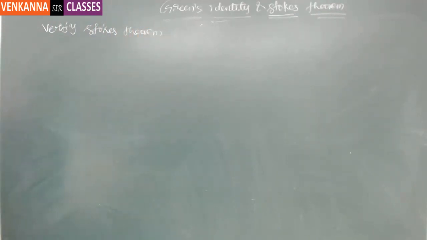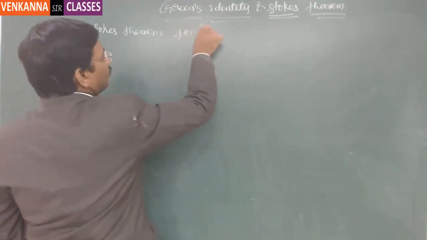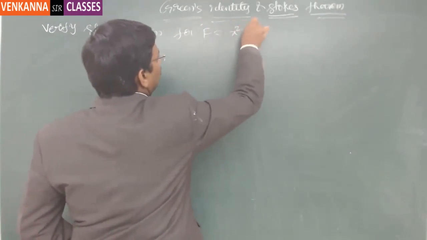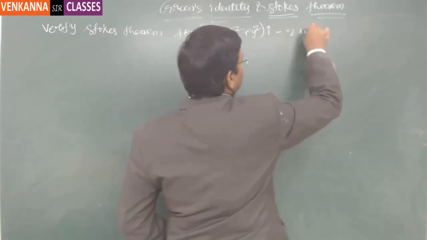Verify Stokes theorem for F equal to x square plus y square into i minus 2xy into j.